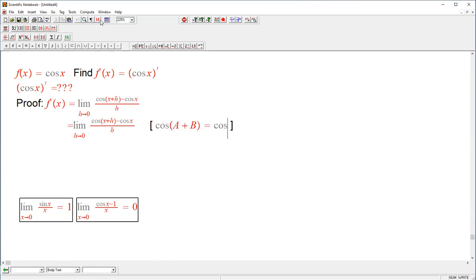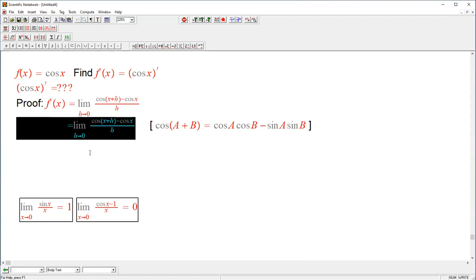That equals cosine A times cosine B, minus sine A times sine B. Now we're going to apply the formula on cosine of (x plus h).